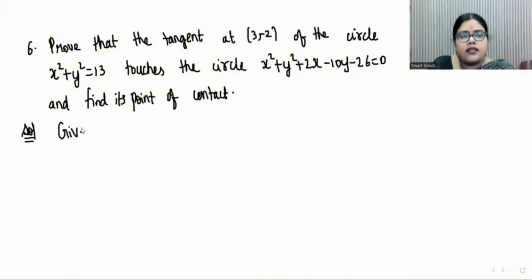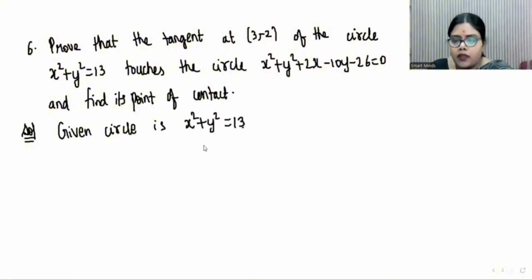So first let us write down what is the given circle. The given circle is x square plus y square is equal to 13. So from here, the center is (0, 0) and radius is equal to root 13.